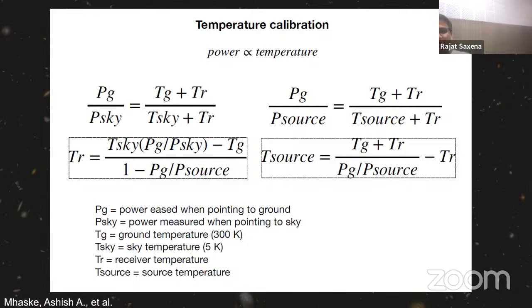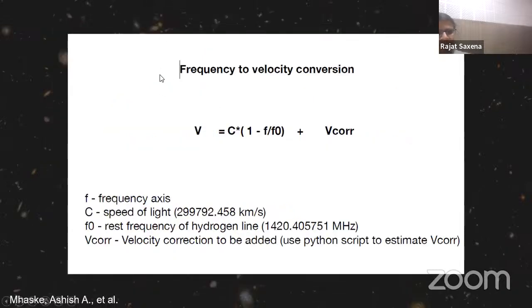We'll have one more relation. What we observe is the bands of the Milky Way, and we know the bands of the Milky Way are actually moving. So instead of just velocity, we actually measure the Doppler shifted velocity. This is the equation for the Doppler formula, and the V core.